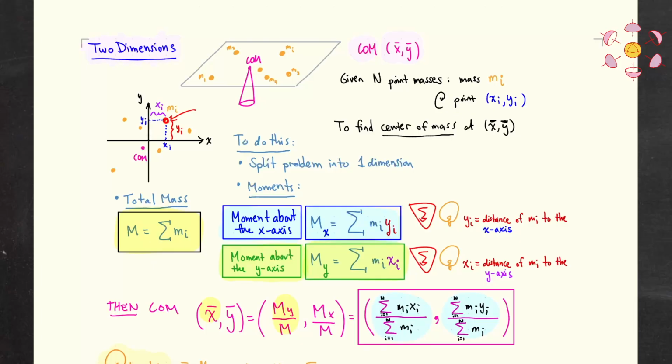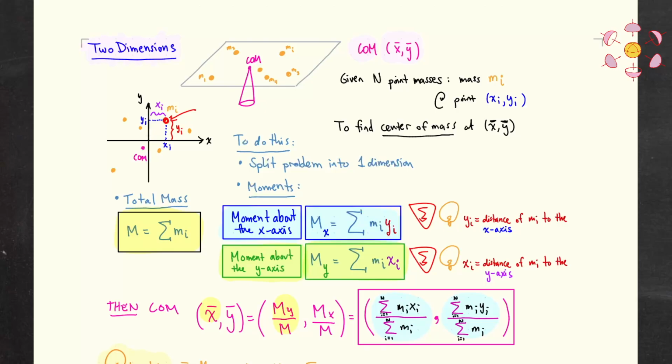Well, how far is that to the x-axis? Notice that we actually have to measure the yi distance, right? yi is the distance from the mass to the x-axis. Okay, so basically the moment about x is you take the mass times that distance, which is the yi, and that's where the y and the x are kind of flipped, but if you understand that we're measuring to the x-axis, the formula is the formula.